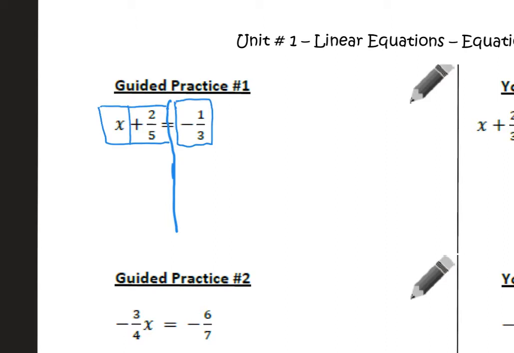So in order to get rid of my fractions, I need to find the least common denominator. Now, what that means, it's the same thing as the least common multiple.